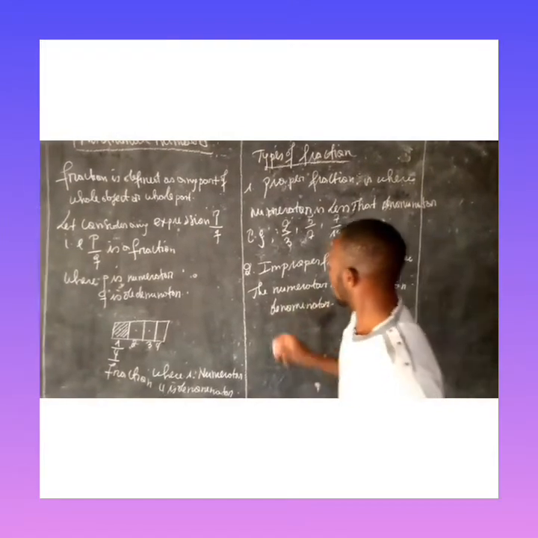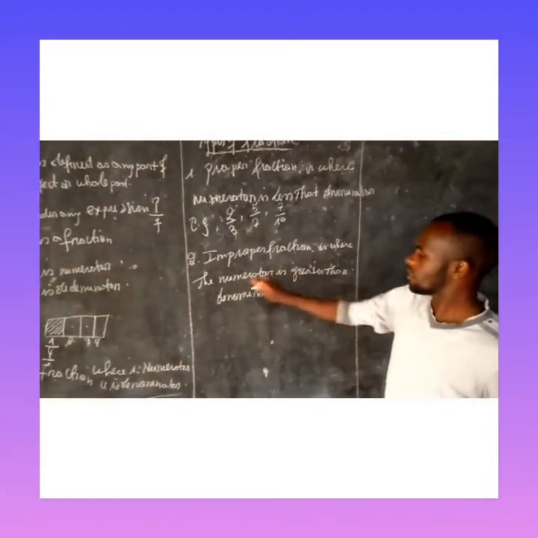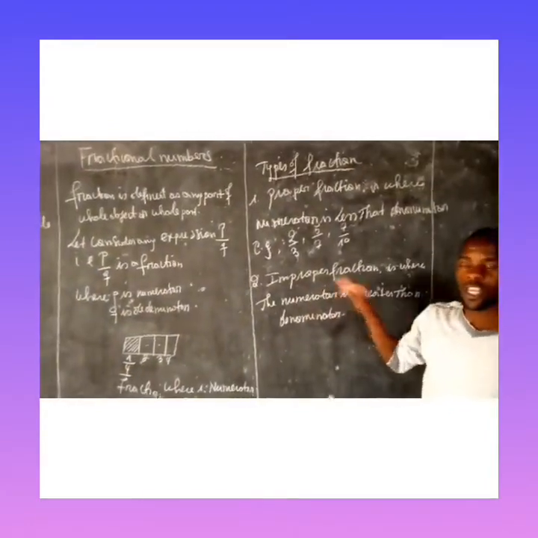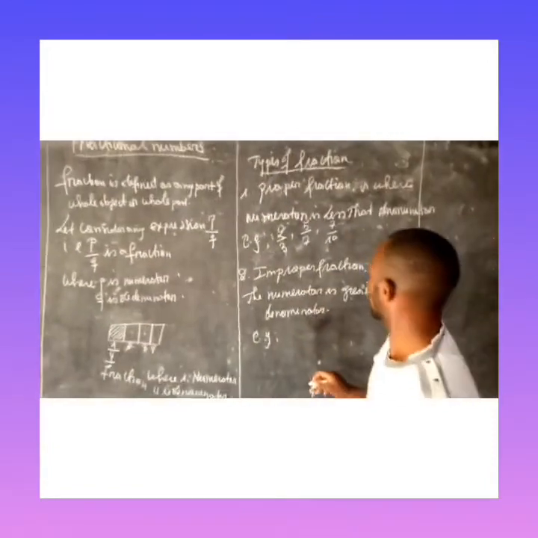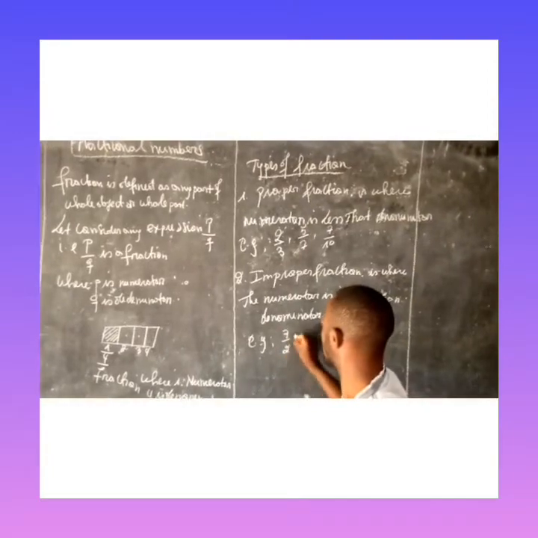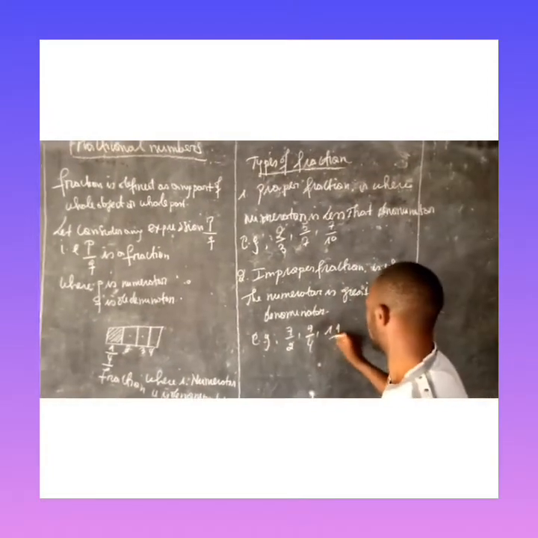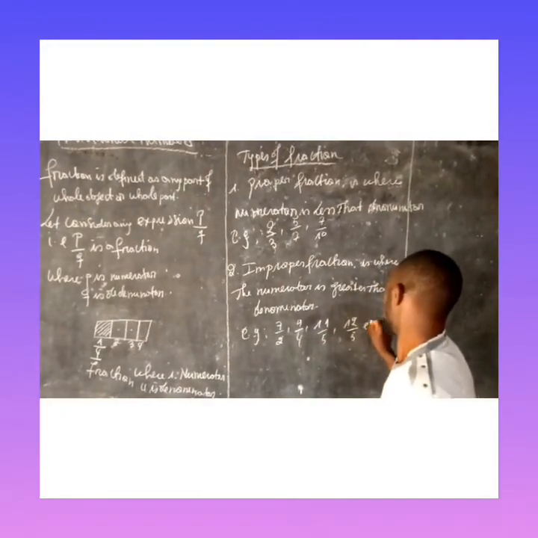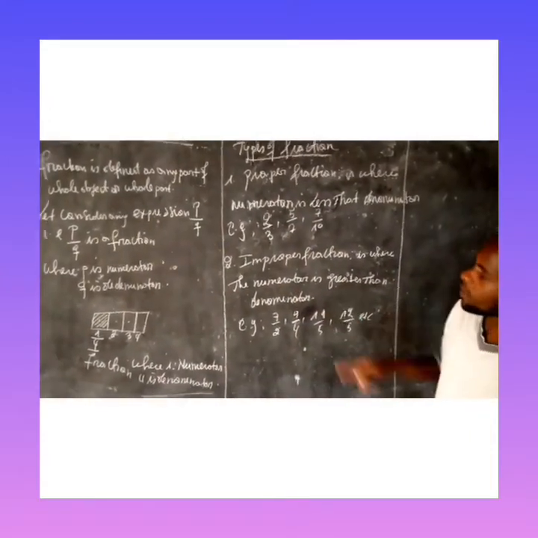So if the value of the numerator is greater than the value of the denominator, you conclude that the fraction is improper. Examples of improper fraction: we have 7/2, 9/4, 11/5, 12/5, and so on. These are all examples of improper fraction.